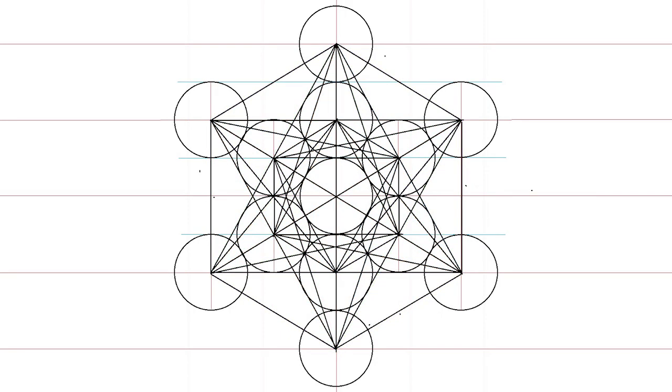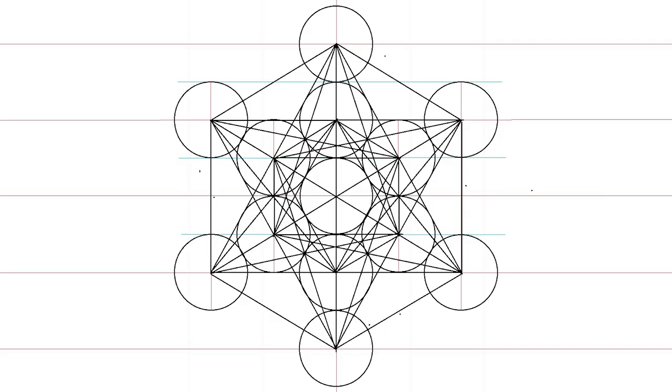You could keep adding circles into infinity and have a crossover of these patterns, which somehow leaves us with a sense that this could be the foundation of our physical and energetic world. But let's stay with the 13 circles.